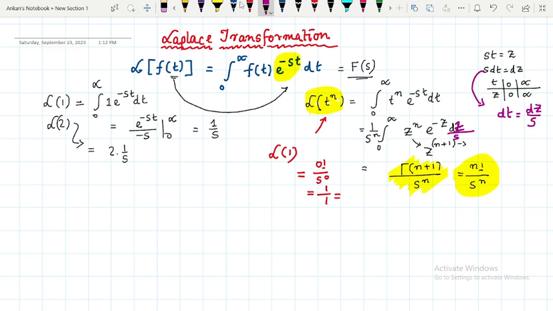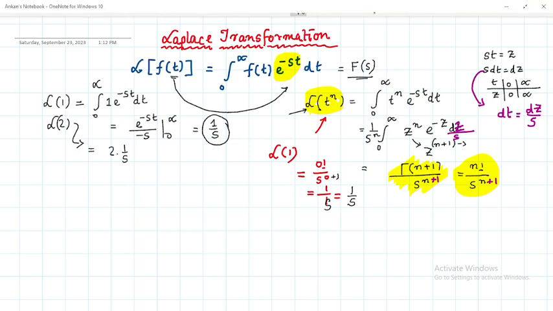So here it is s to the power n plus 1, so here will be 1 by s, which resembles the previous result. In this way you can verify whether the general formula is correct or wrong. I have already verified that, and some mistake had been made here, so I have corrected it. So in this way you can easily check whether the formula is correct or wrong.